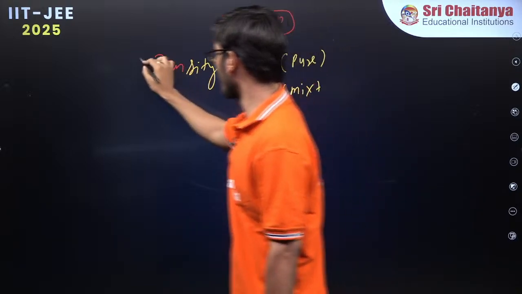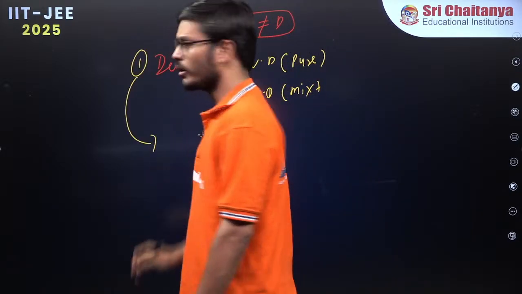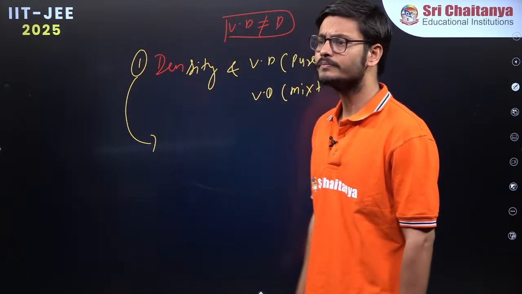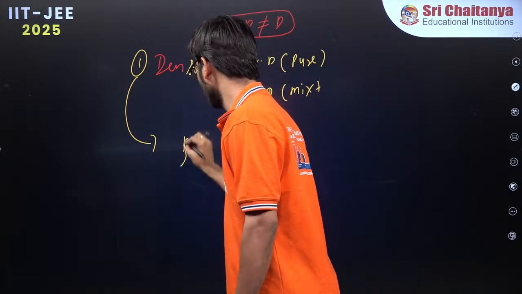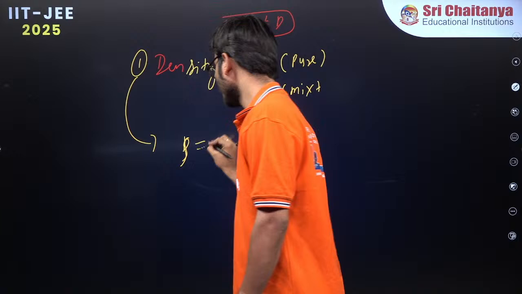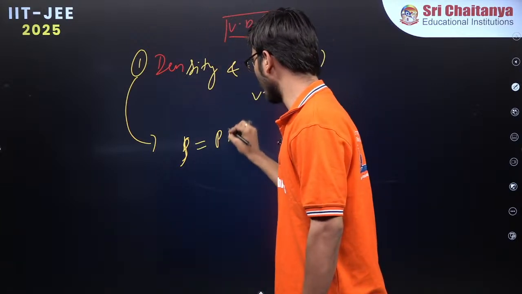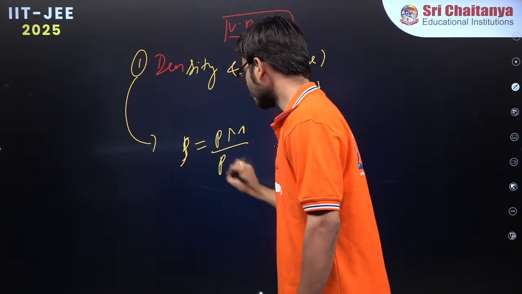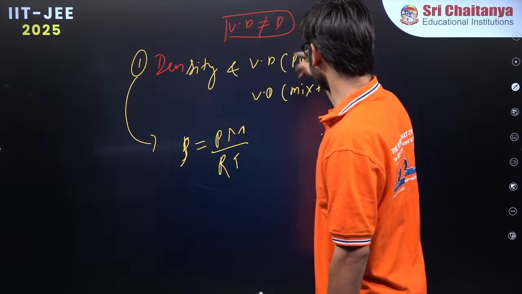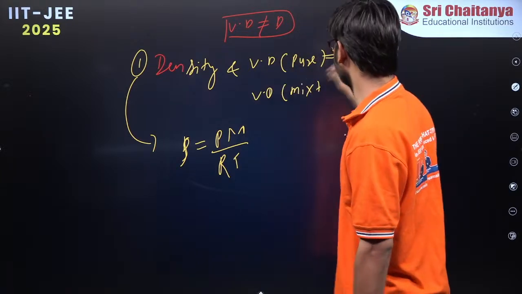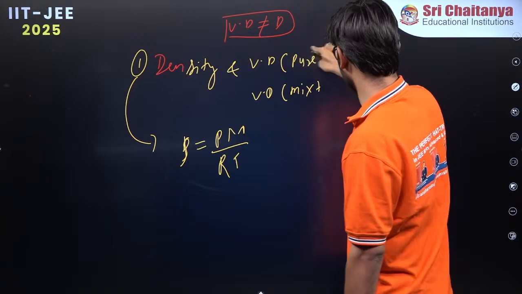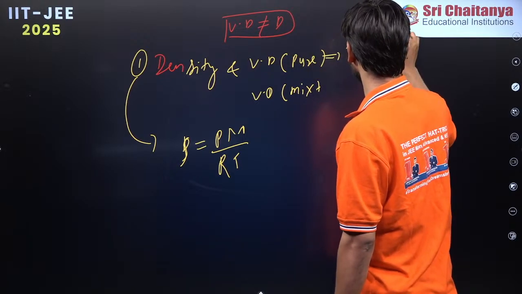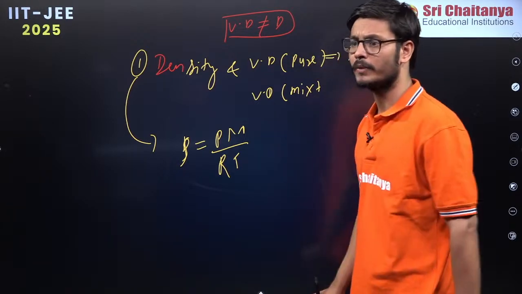So for the first one, which is pure, what is the formula? Can you give me the formula? So rather I'll write rho, because it is absolute density rho, which is equal to P into M by RT. Now, for the vapor density, the formula for the vapor density d for pure is mass of gas by 2, molar mass of the gas by 2, right?